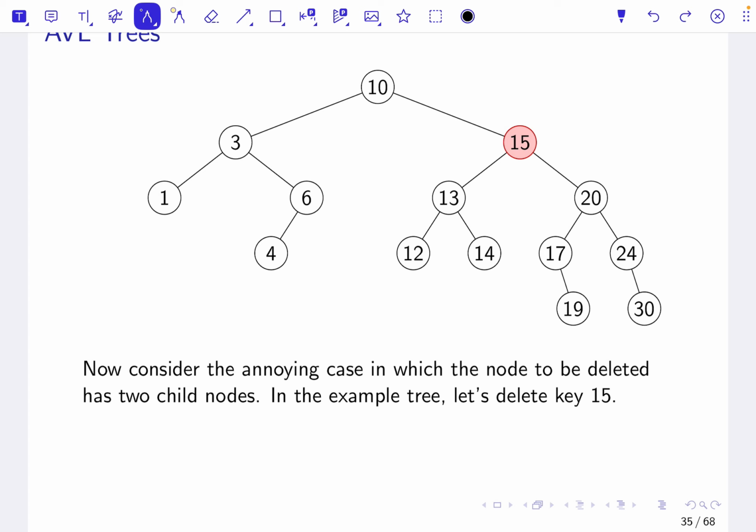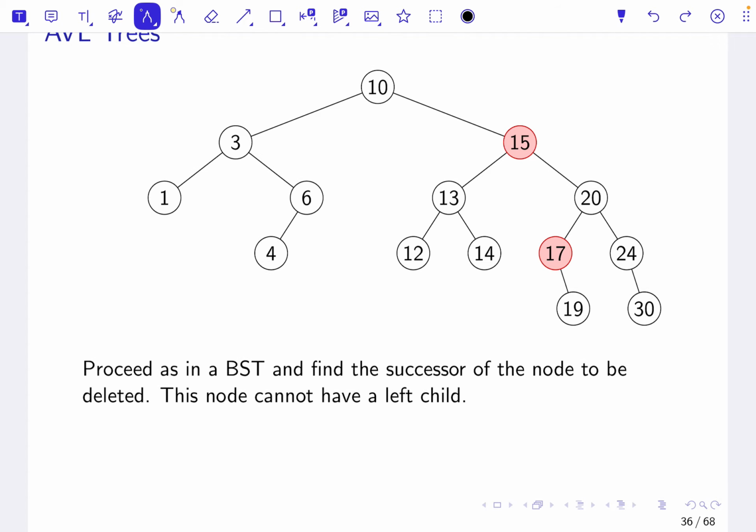So now we're back to the case where things were annoying in binary trees. This was the hard case. Probably feels easy in retrospect, or at least less hard than deletions for other tree types. But this is when the node that we're trying to delete has 2 child nodes. We start off doing the exact same thing we would do before in a binary search tree.